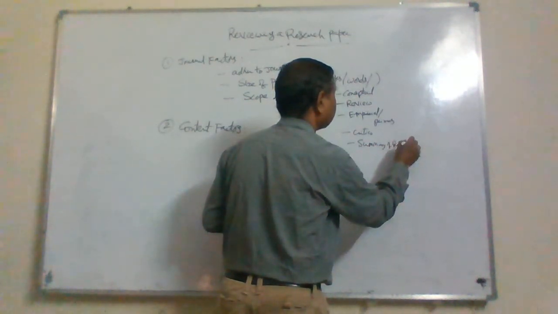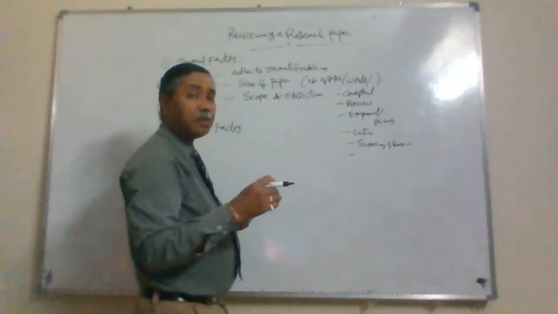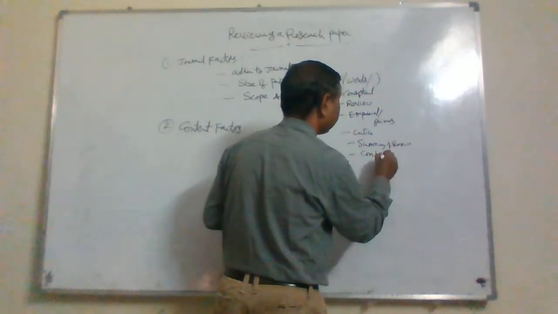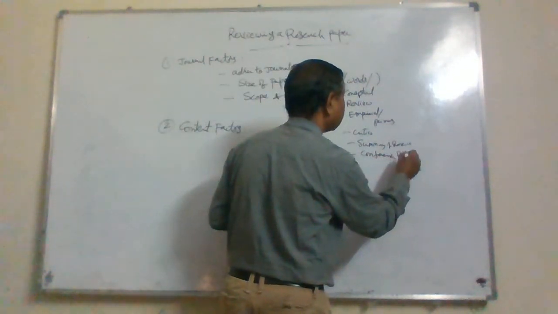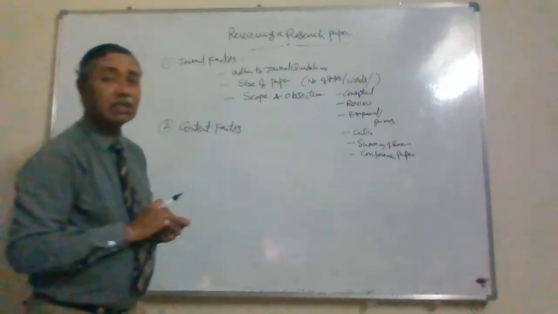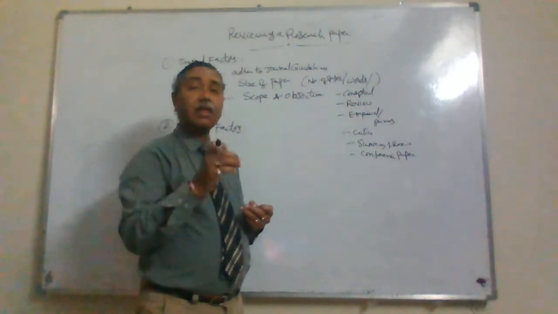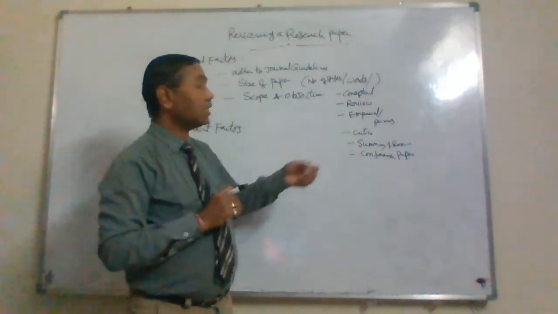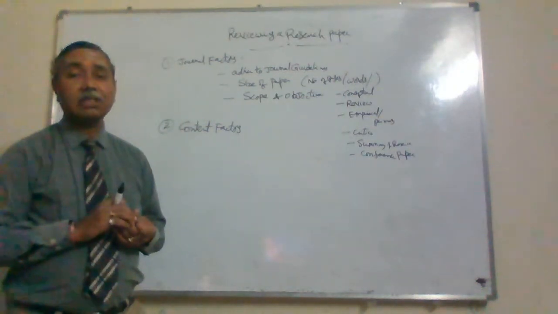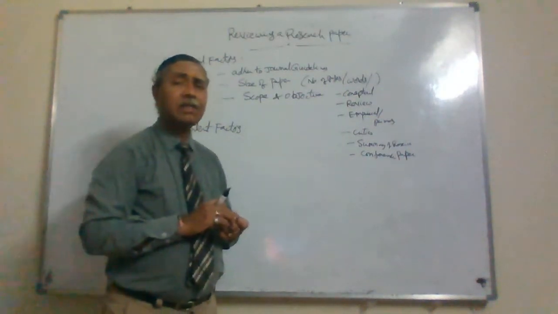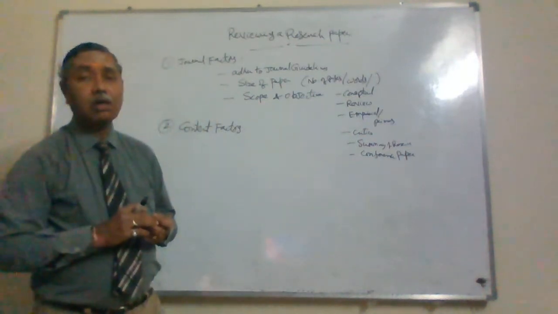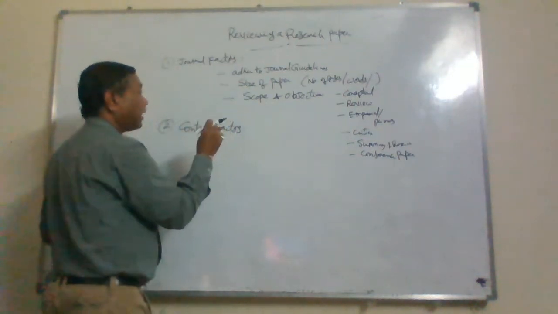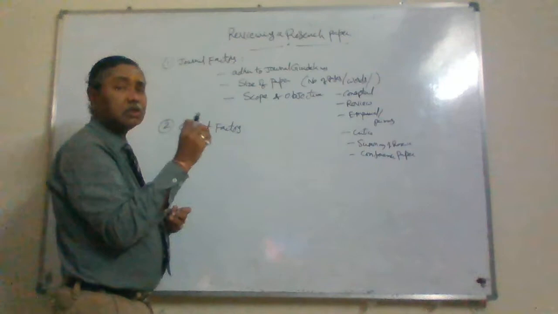Some even invite conference papers. If you presented a paper at one conference, it can be submitted to another journal and published there. There are different types of journals, and these are the kinds of papers they accept. It depends on the journal scope and journal objective. So the paper submitted has to be in line with the journal objective and journal scope.